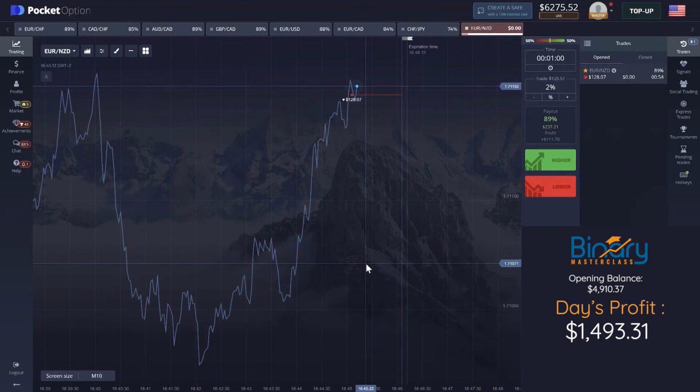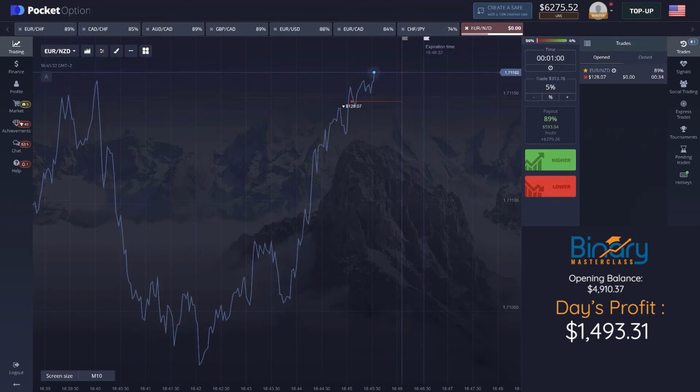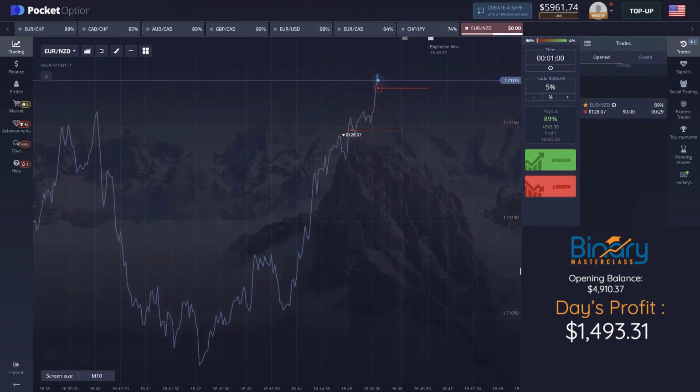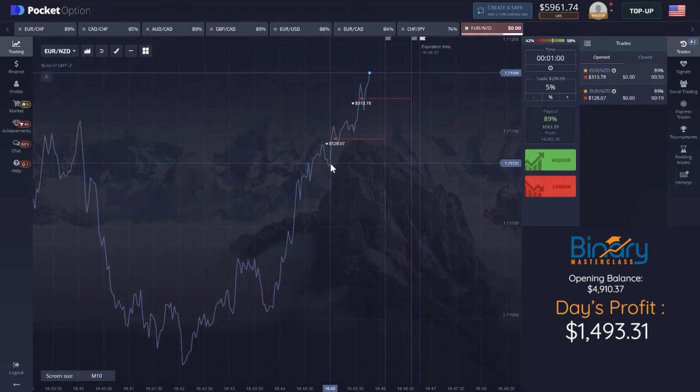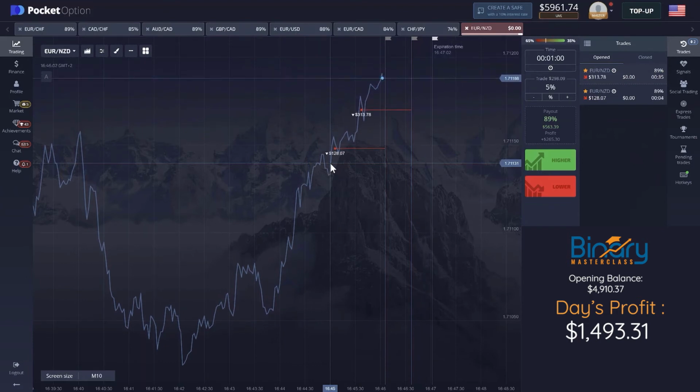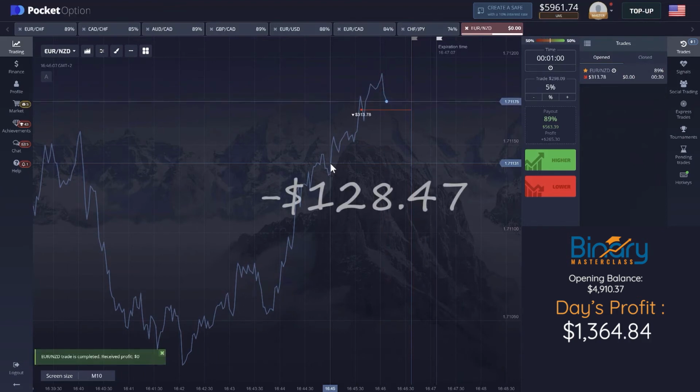Over to Euro New Zealand dollar, where we take a first entry put. Get our second ready just in case. It is at a solid resistance level and does move through that resistance. So we take an early second. We do end up losing our first.